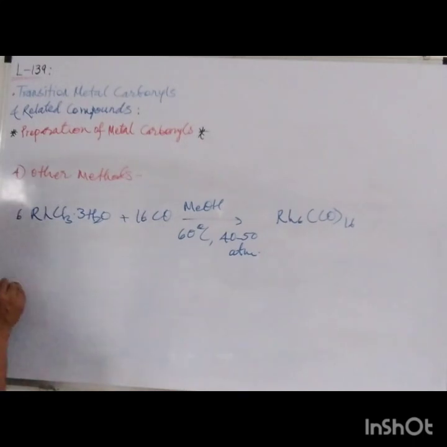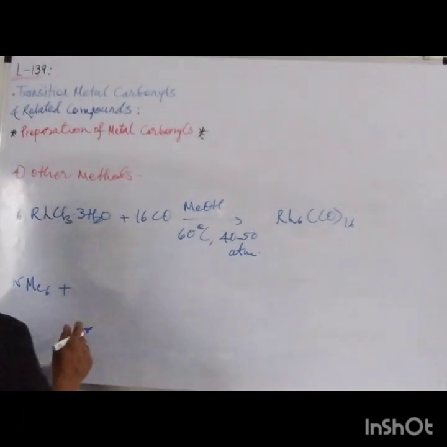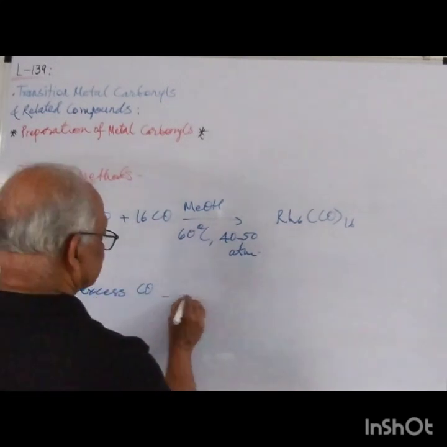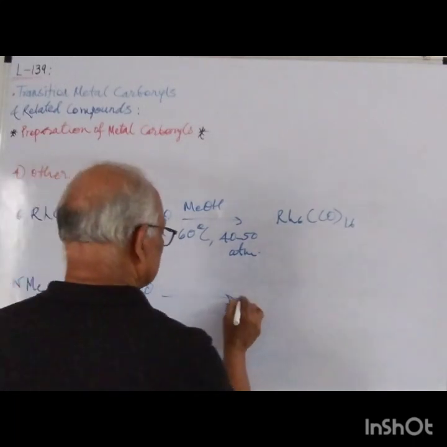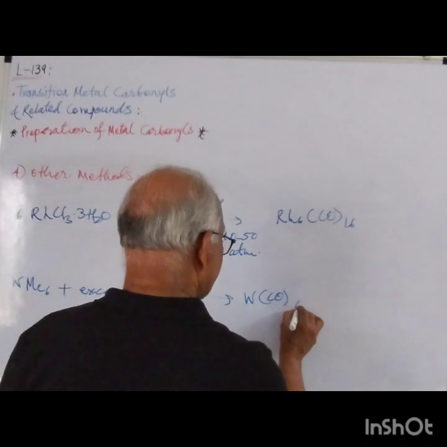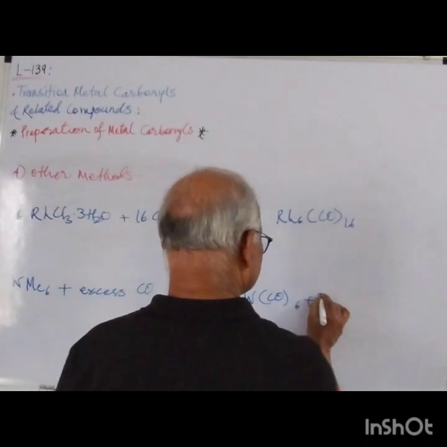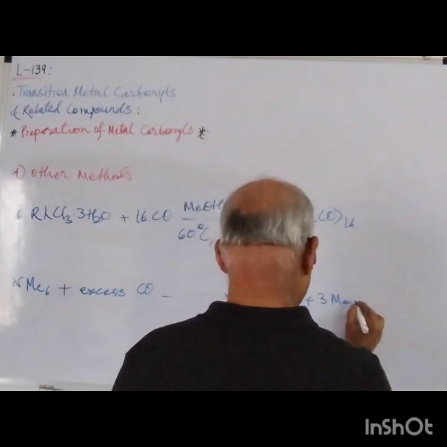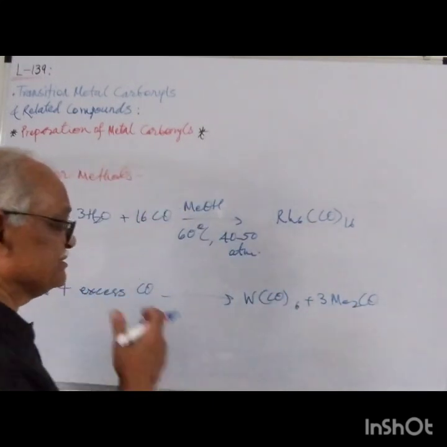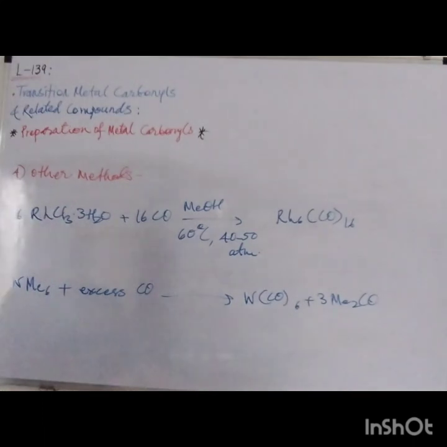Then next reaction is tungsten WMe6, that is alkyl of this tungsten, and excess of carbon monoxide. So this gives W(CO)6 plus thrice methoxy.